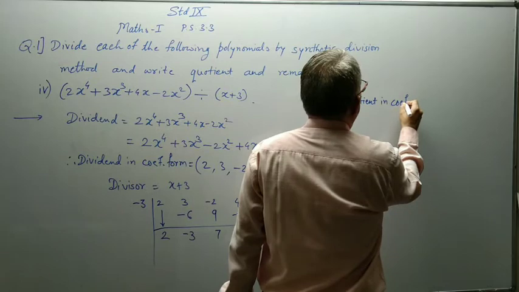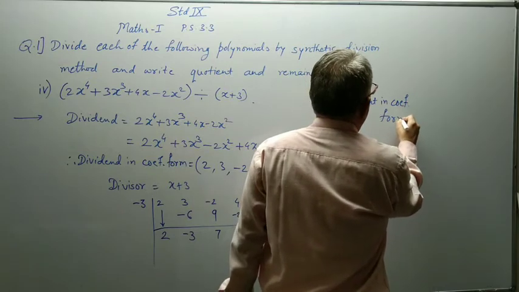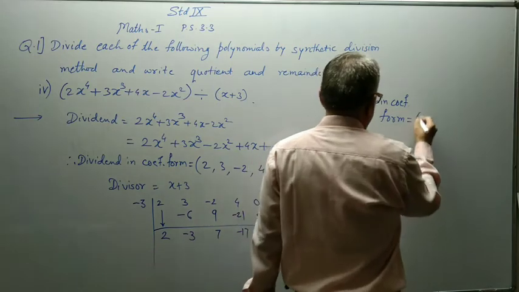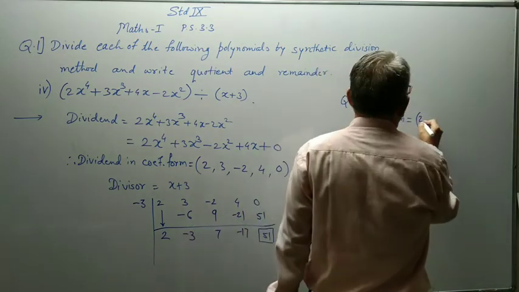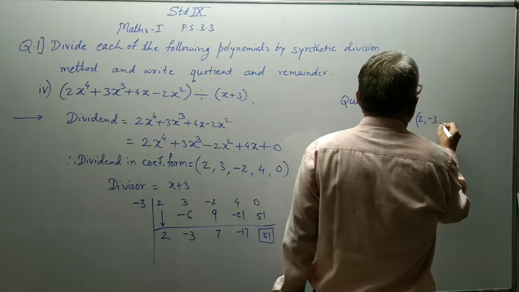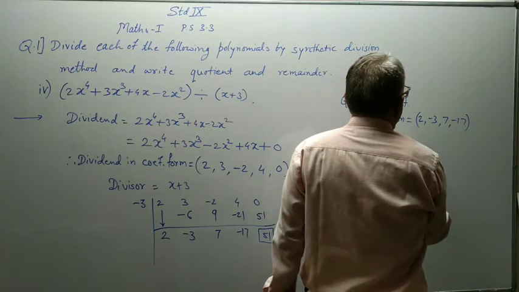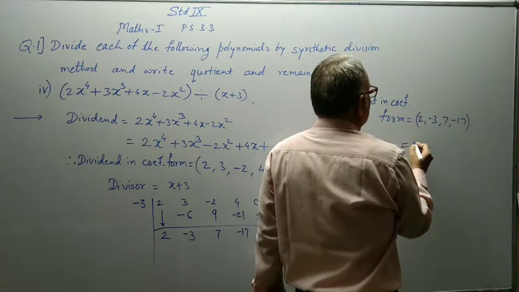First I will write the quotient in coefficient form. Quotient in coefficient form, other than 51, is 2, minus 3, 7, minus 17. As there are 4 terms, the degree is 3.